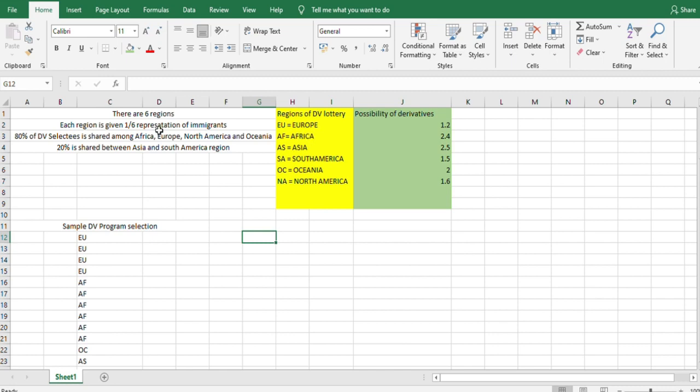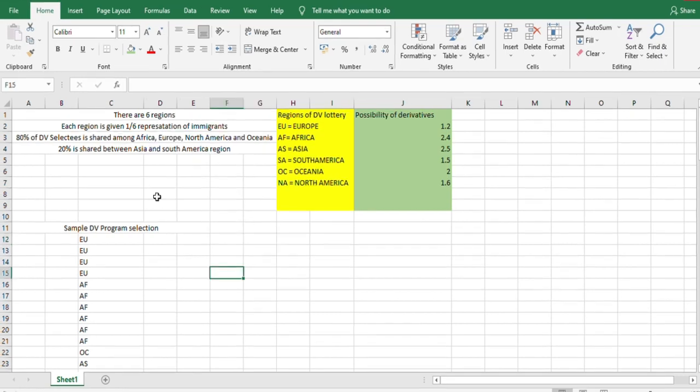Each region is given 1/6 of the total immigrant representation. Remember, immigrants come to the United States through various means, not only the DV lottery program. They can come through family, through work, and also through the DV lottery program. The 1/6 representation of every region is obtained from data from the past 5 years.